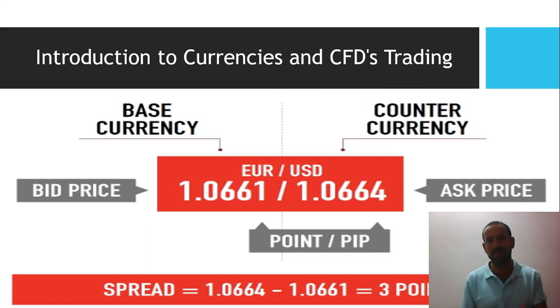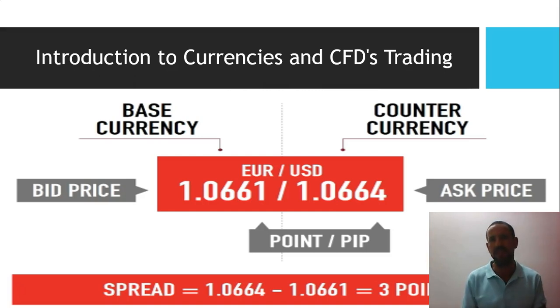Now, on the left side, you will always have the base currency, right? Where on the right side, you'll have the counter currency. And this is never changed. It's permanent, right? For example, the euro dollar is always constructed like this. The euro is on the left side. It's the base currency, where the dollar would have to be the counter currency.